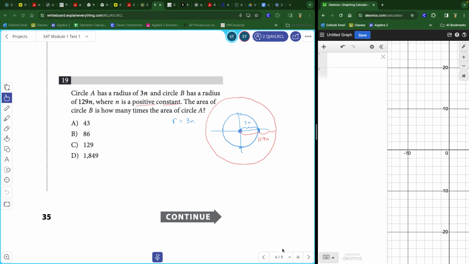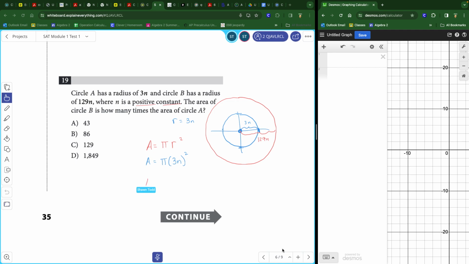Wow. So let's think about how area is calculated for a circle. Area is calculated with pi r squared. Okay, so the area of the blue circle, let's figure out what it would look like. It'd be pi times its radius, 3n, squared.